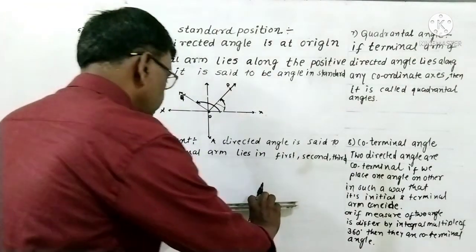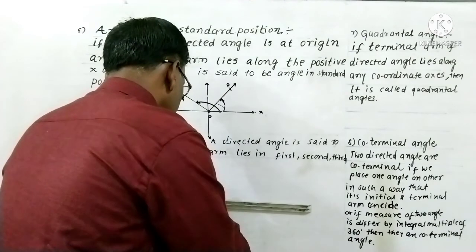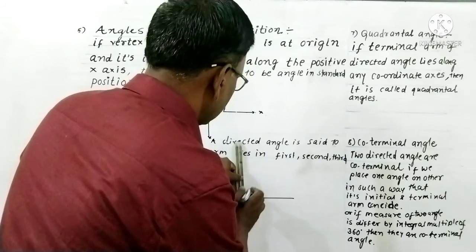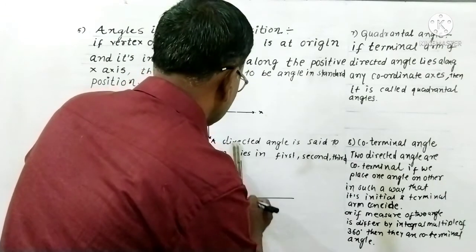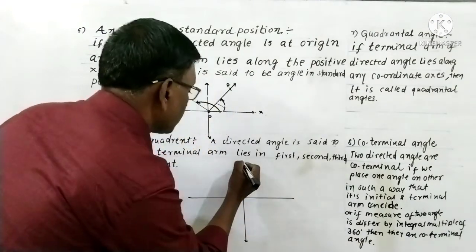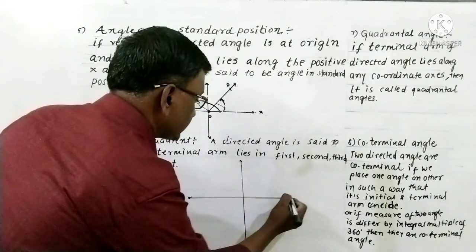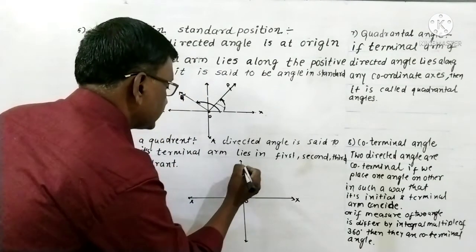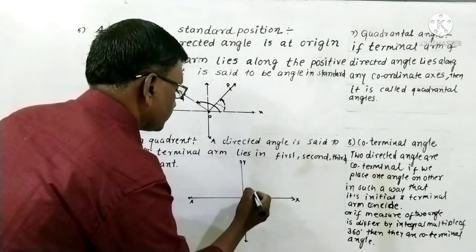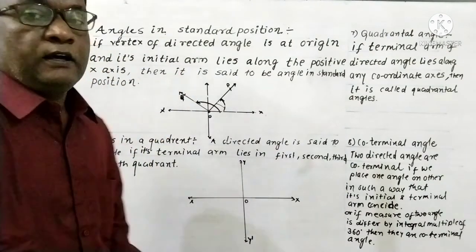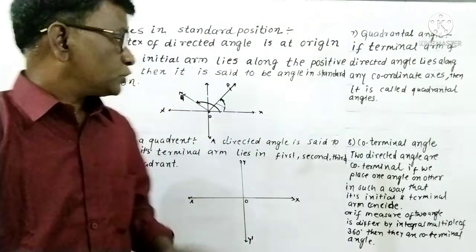So how will you show? Let us see. This is the x axis, this is the y axis, and we have to show this angle.